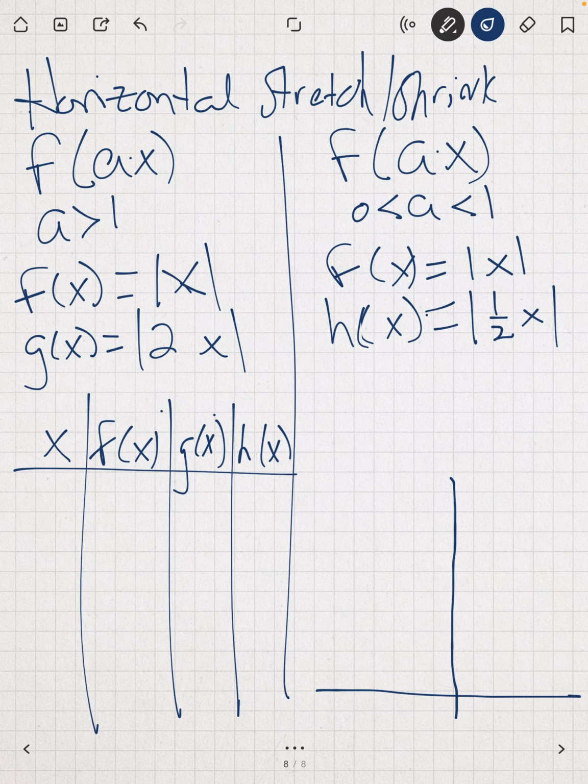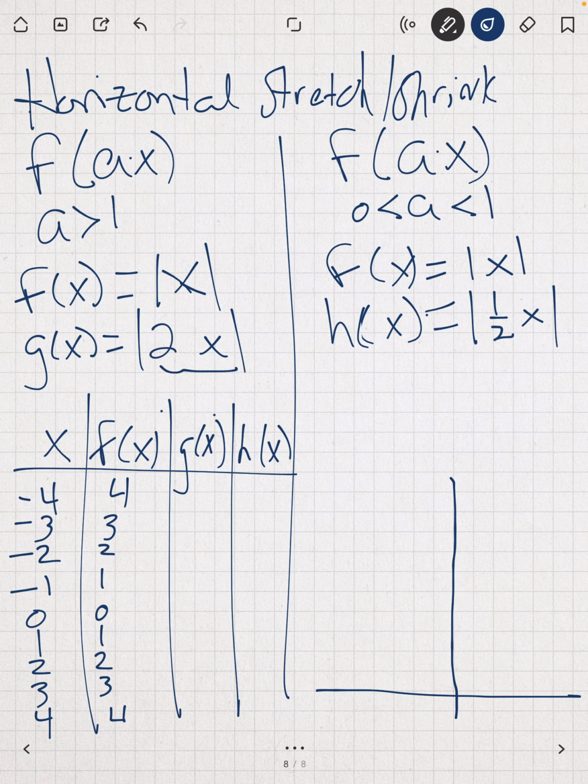We'll go, I don't know, what do I go? -4, -3, -2, -1, 0, 1, 2, 3, 4. The absolute value. g of x now is twice the x value.